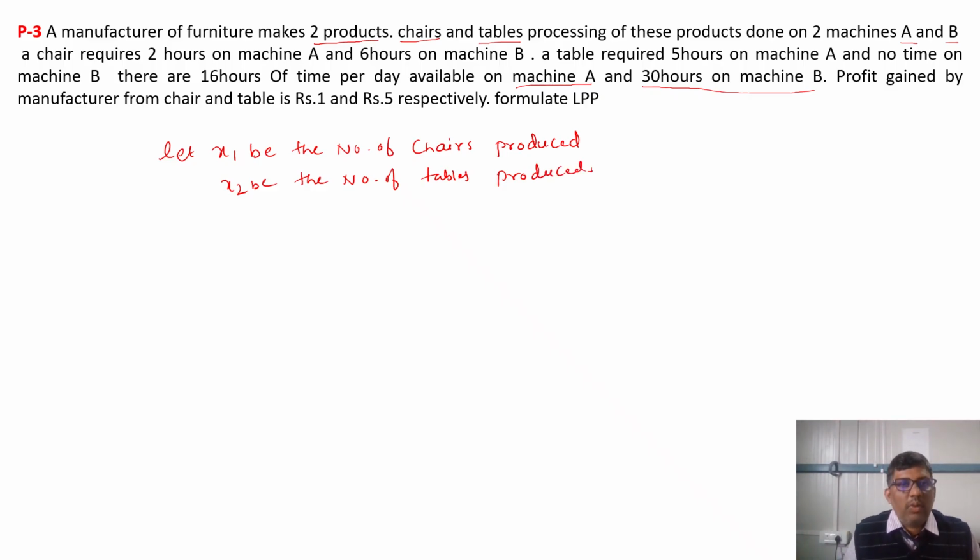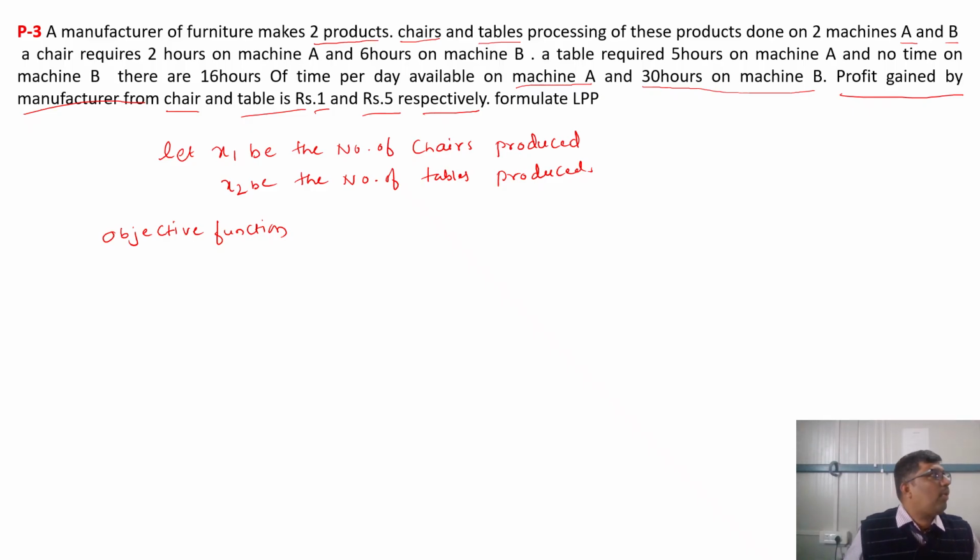Next we have to identify the objective function of this problem. So what is the objective function here? You can see the profit gained by the manufacturer from the chair and the table is rupees 1 and rupees 5 respectively.